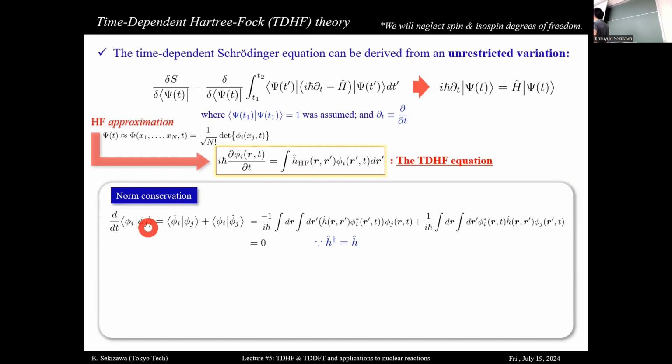We can take the time derivative of this overlap, and then we can show that it is zero. So in the initial state, we have single particle wave functions which are orthonormal to each other, and then we can evolve in time.